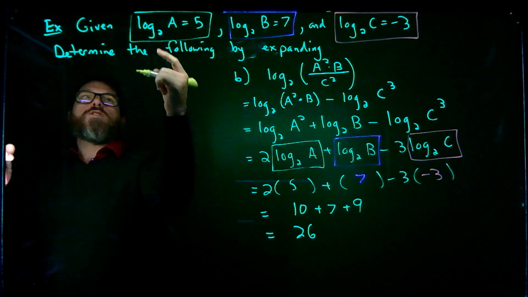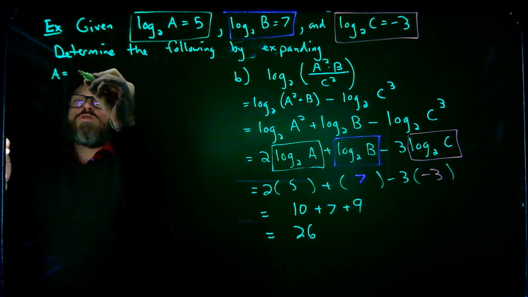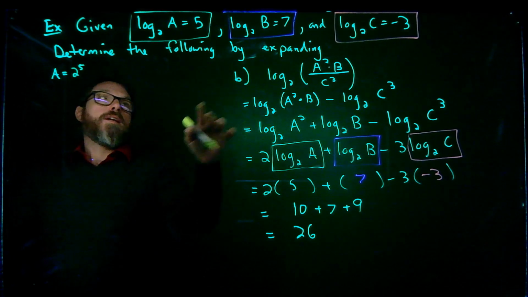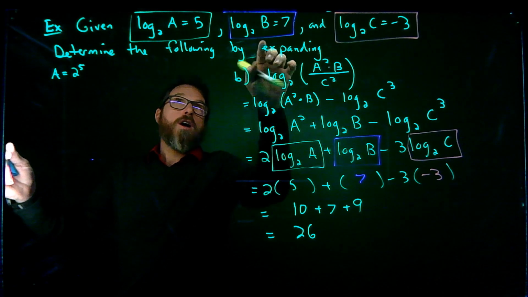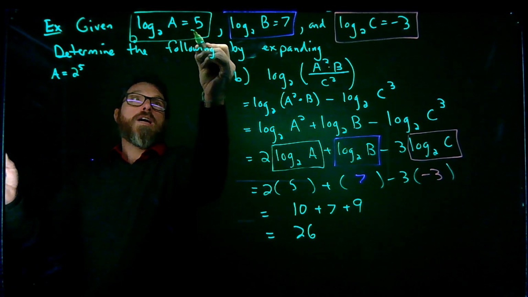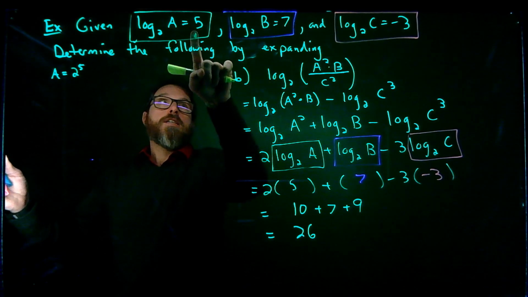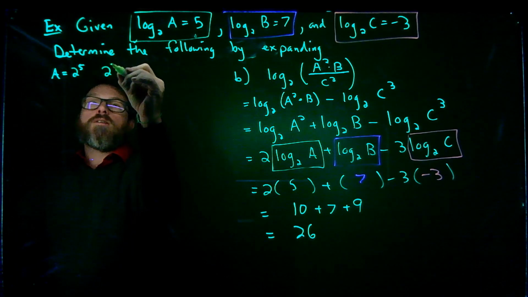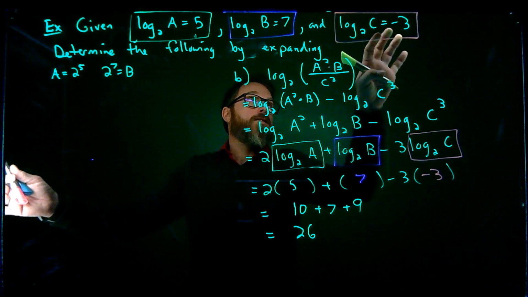Using the first one, I know that this can be written as an exponential, that a is equal to 2 to the 5th power. Now for this one, I know that b is equal to 2 to the 7th. The way you get rid of this log base 2 is I'm going to exponentiate both sides by 2. That'll cancel the logarithm, so I'm just going to get b back. And then last, rewriting this as an exponential, 2 to the negative 3 is equal to c.